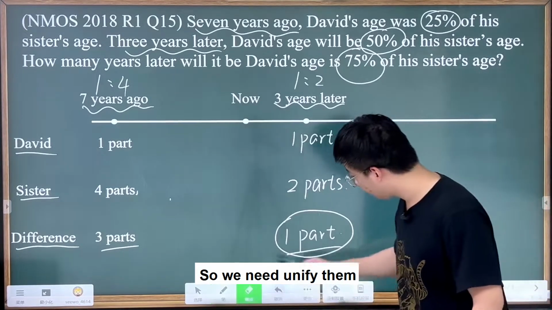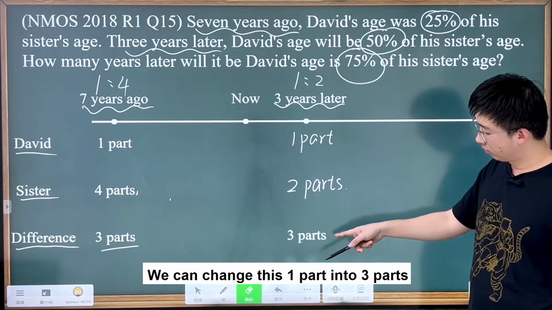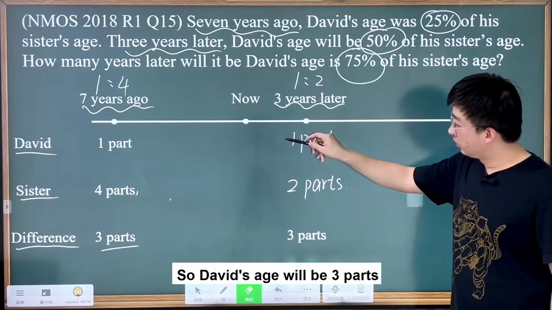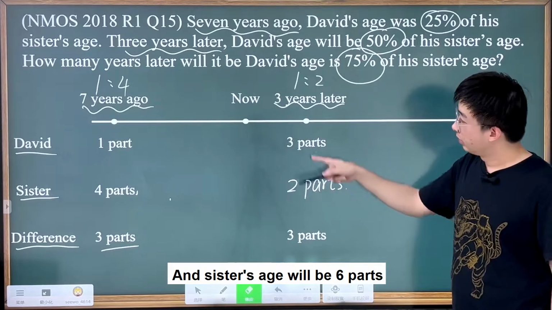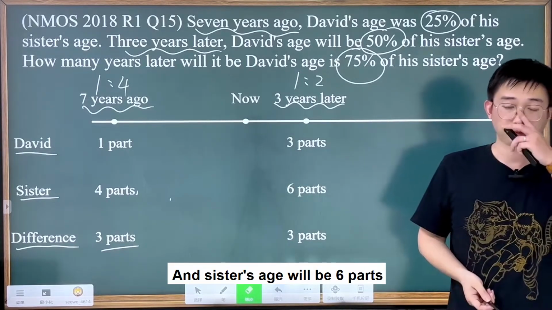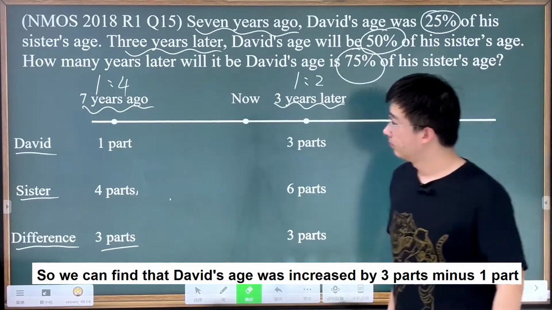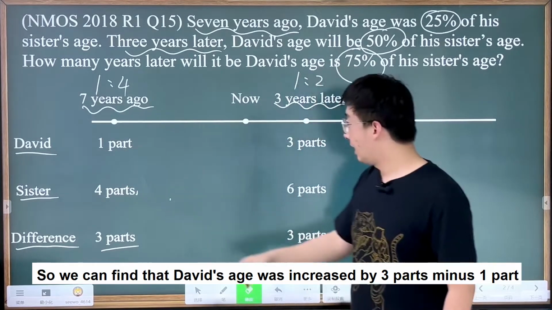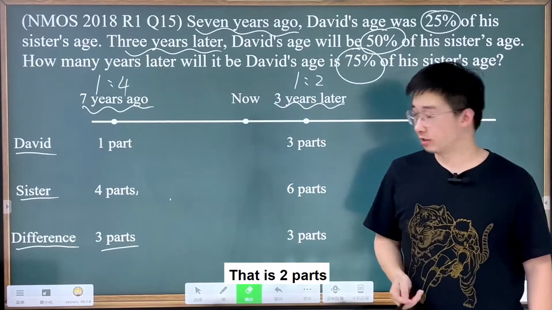Okay. 1 part into 3 parts. So David's age will be 3 parts, and sister's age 3 years later will be 6 parts. Alright? Okay. So we can find that David's age was increased by 3 parts minus 1 part. That is 2 parts.